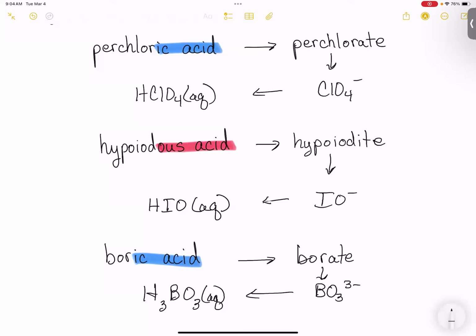The -ous acid had to come from -ite, so it came from hypoiodite, which is IO minus, so the acid was HIO aqueous. And then for the last one, the -ic acid had to come from -ate, so it came from borate. Borate is BO3 3 minus, and therefore the formula is H3BO3 aqueous.